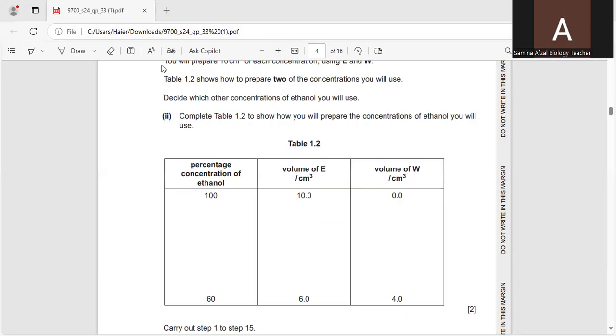So here you can see, students, in table 1.2 they have given two concentrations, 100 and 60.